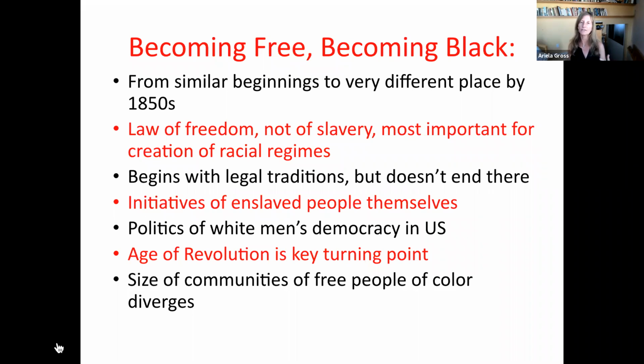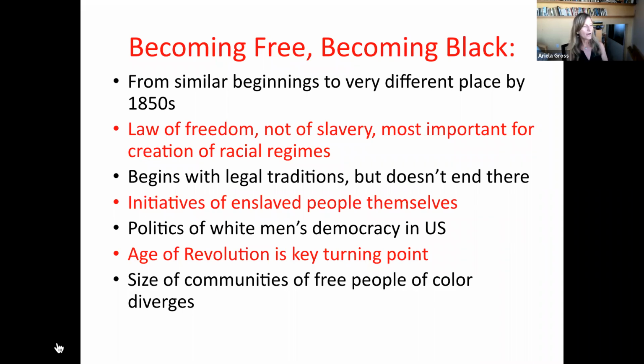A free person of color in Havana could be part of public life, but in Louisiana or Virginia was being excluded from public life, and citizenship was becoming tied to whiteness in a way it isn't in Cuba. And so our answer ended up being that it was really the law of freedom and not the law of slavery that was determining these different trajectories in the regimes of race.